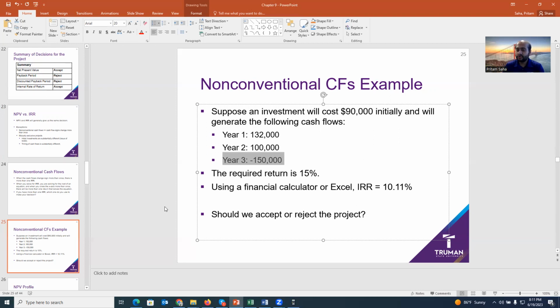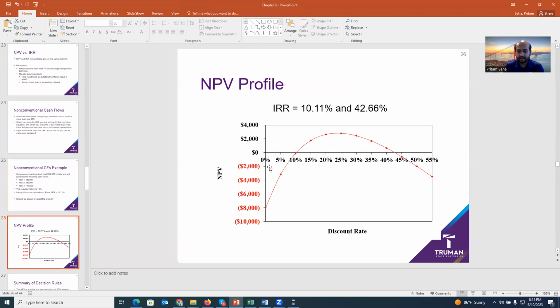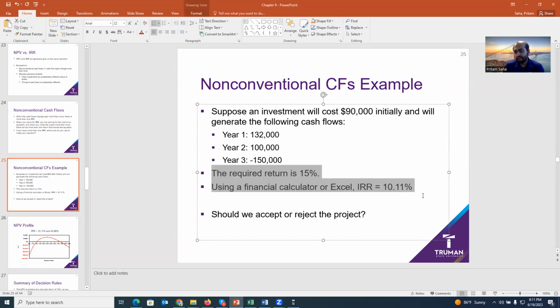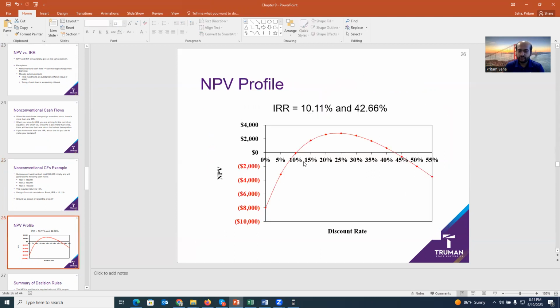If you want to calculate the IRR, it will lead to 2 different IRRs. One is 10%, and one is around 42.5 or 43%. But a financial calculator or Excel will give you only one result, 10.11%. But if you check on a trial and error basis with different rates, you will find both.